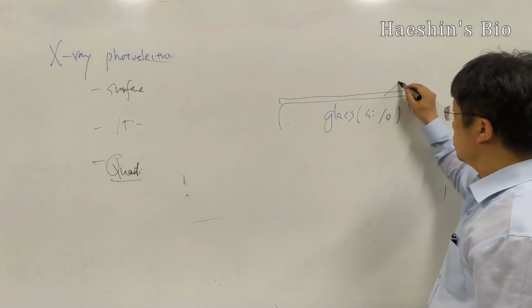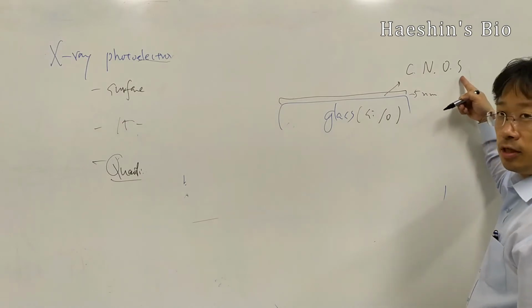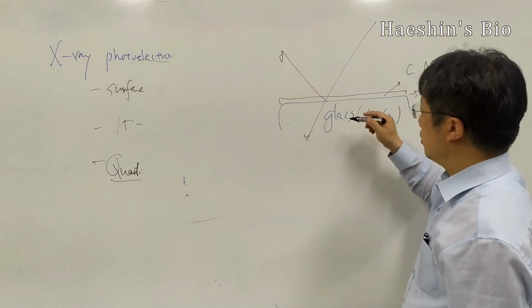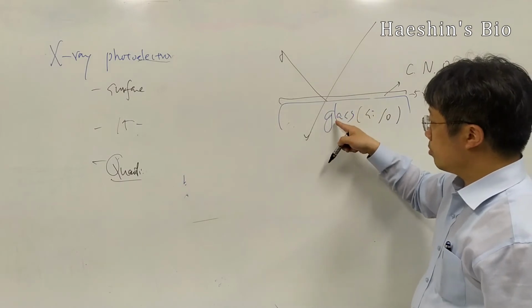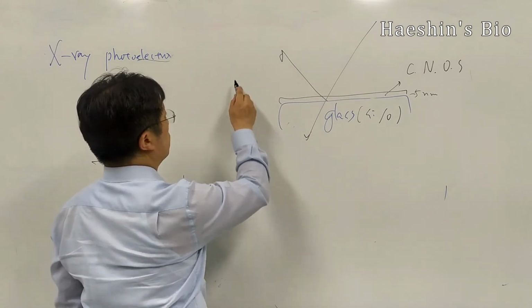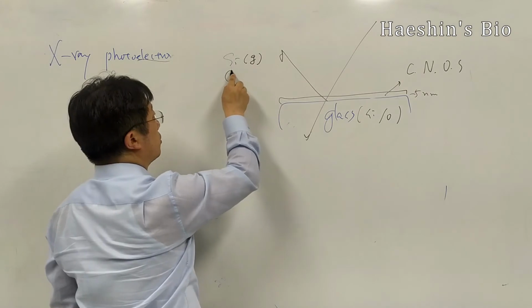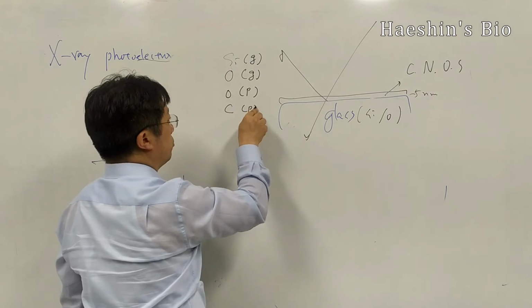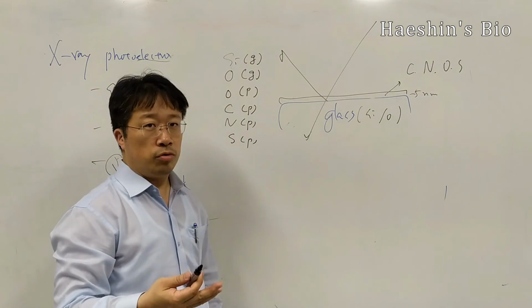The protein has carbon, nitrogen, oxygen, and sulfur from the cysteine. Then X-rays come in, and photoelectrons come not only from the protein level but also from the glass substrate. So you can expect to see photoelectrons of Si and oxygen from the glass, and oxygen, carbon, nitrogen, and sulfur from the protein.